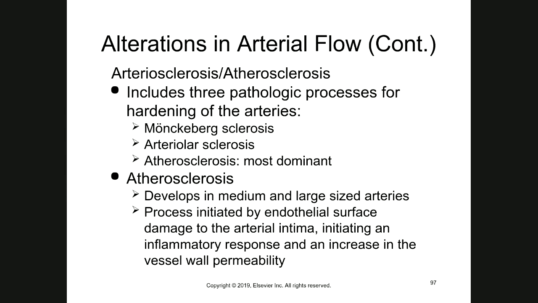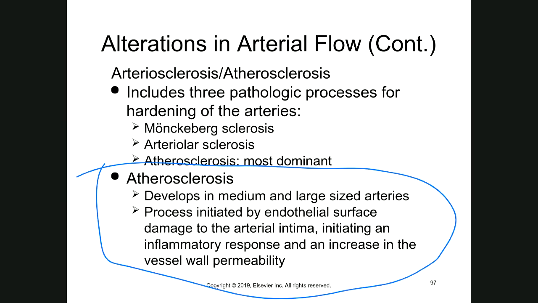In atherosclerosis, there is another multiple choice, very similar to something that we saw recently. You have the pathologies, but I will not go over the pathologies. What I will go over is the development of this situation in the human body, which develops in the medium and large size arteries.